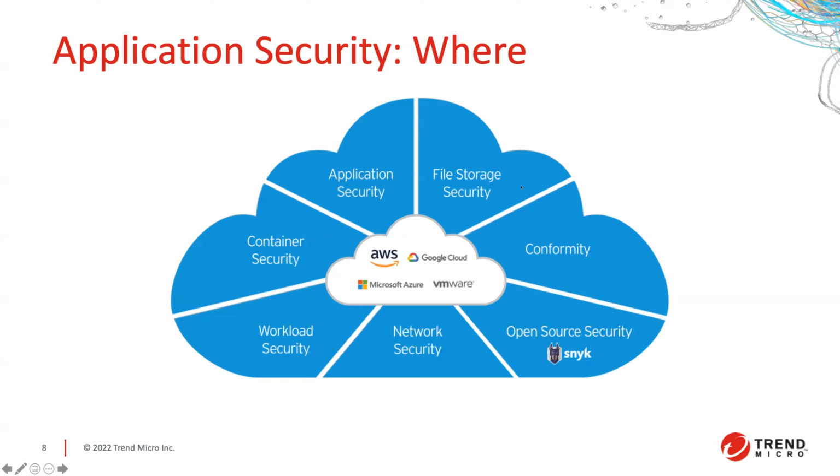But the Trend Micro Cloud One suite is designed to help you secure all of the wheres, how you're going to be running the application and workload, but also when you're going to be securing it. Are you going to be securing it early, or are you going to be securing it at runtime?